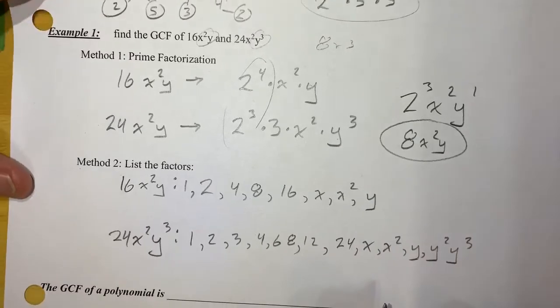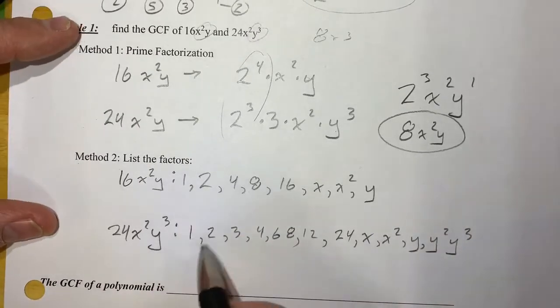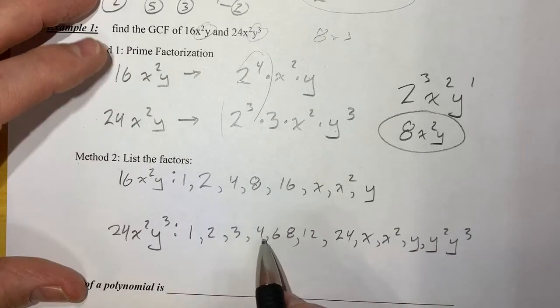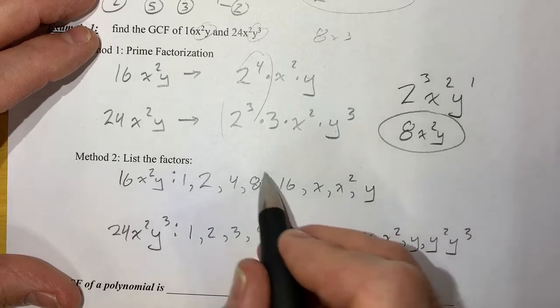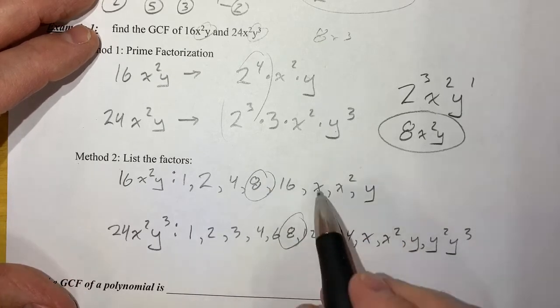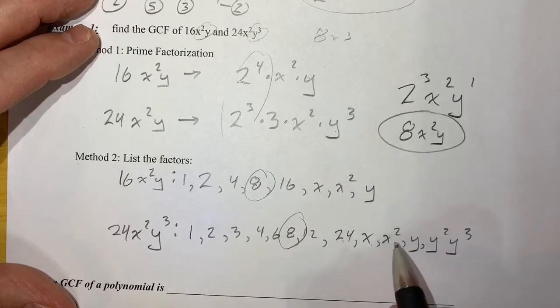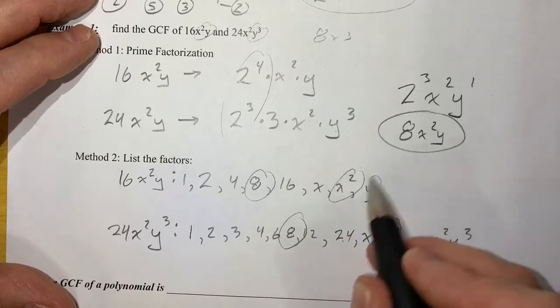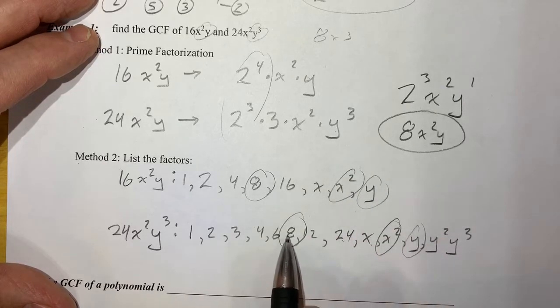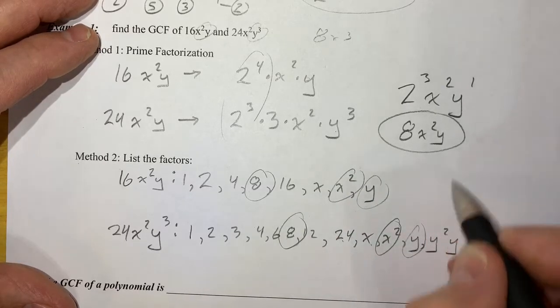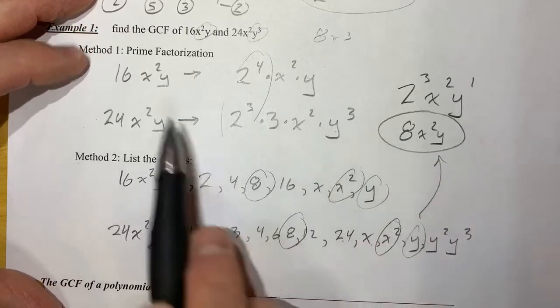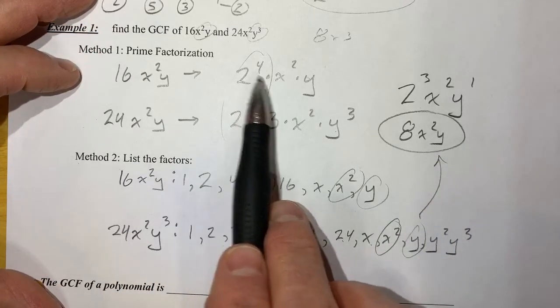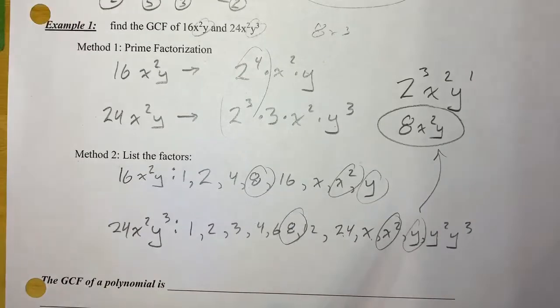Okay, so which one is greatest of all of these? 1, 2, 3 is not common, 4, 8. 8 is common. X squared is common. And y to the 1. So there it is, 8x squared y. See, it's the same thing. You can do it either way, but this might be faster when you write out the prime factorization.